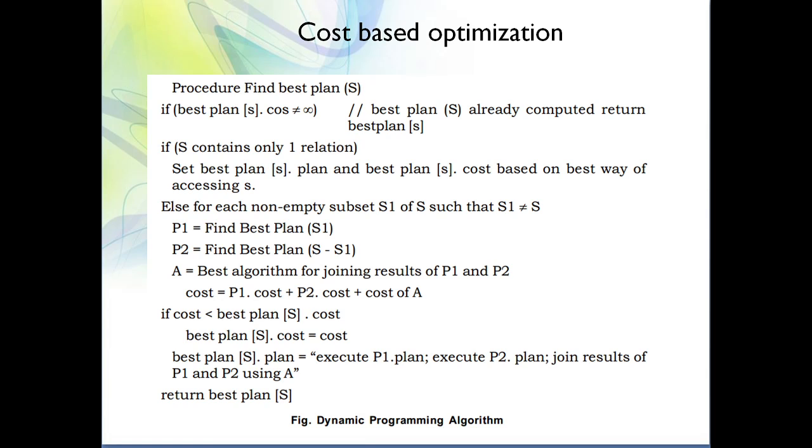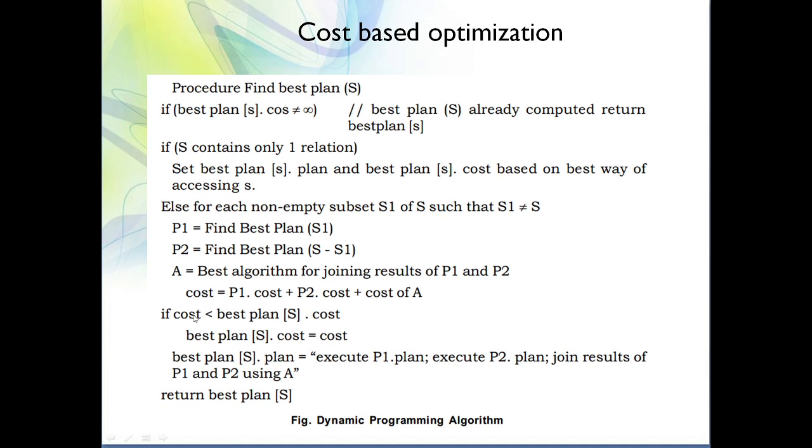Suppose the next number is smaller than the previous one, then I change the value of the smallest number. The same thing applies here. Initially we check best plan dot cost, and if the new cost is less, then we assign the new cost as the best cost: best plan of S dot cost equals cost.